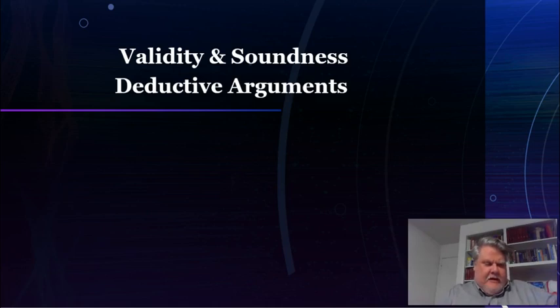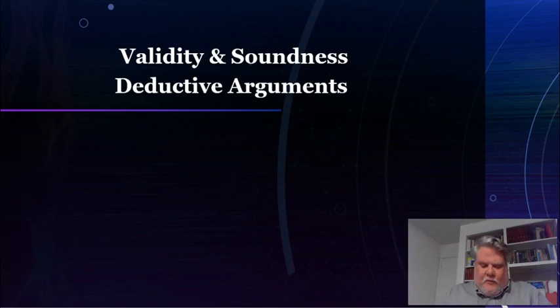As I said, deductive arguments, and only deductive arguments, can give us certainty. But of course, lots of conditions, well, two big conditions, need to be met in order for the deductive argument to give us certainty.